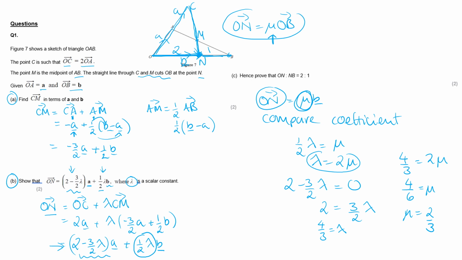So we've seen that O to N is 2/3 of b. So N to B must equal 1/3 of b because the whole journey is a whole b. So therefore O to N to B is in the ratio 2/3 to 1/3, which is 2 to 1.